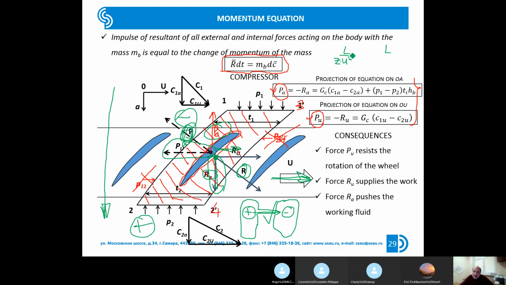That's why you take the specific work of the cascade from the thermodynamic calculation and divide it by the number of stages. It means you receive the averaged value of specific work per one stage. And when you divide it by the circumferential velocity, you receive the load coefficient for one stage, because the Smith chart is for one stage. Okay, thank you. Perfect.